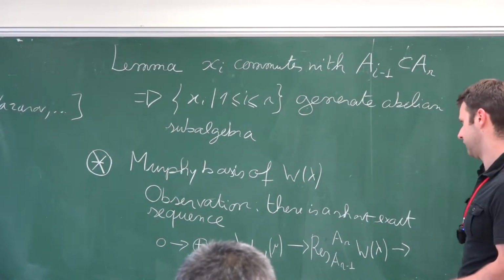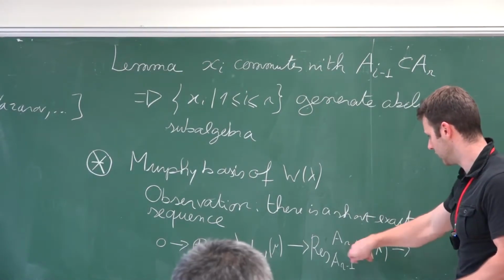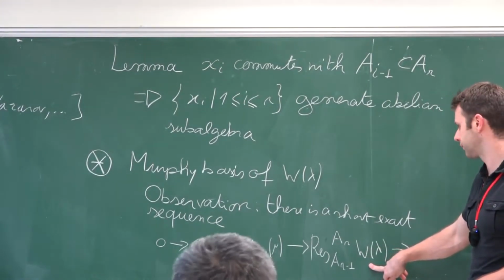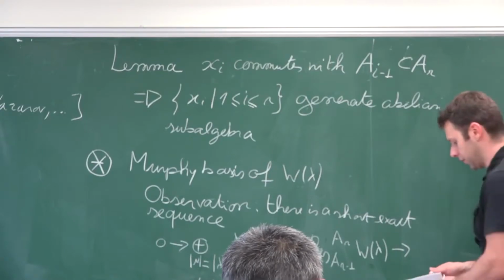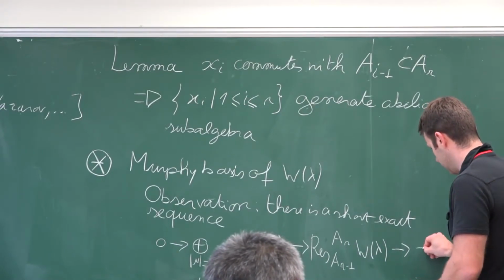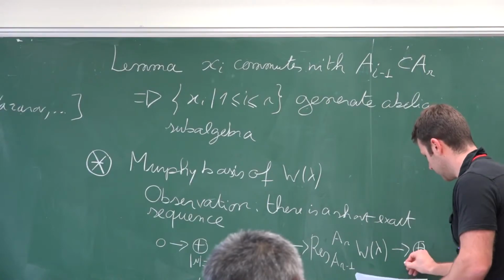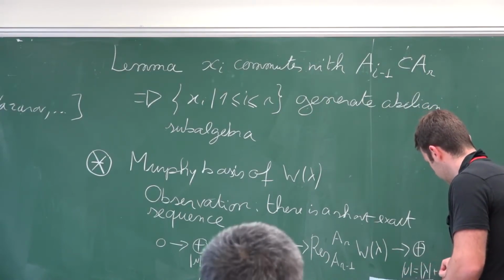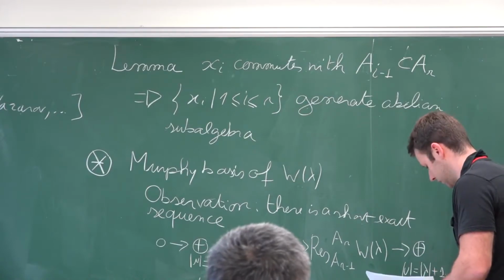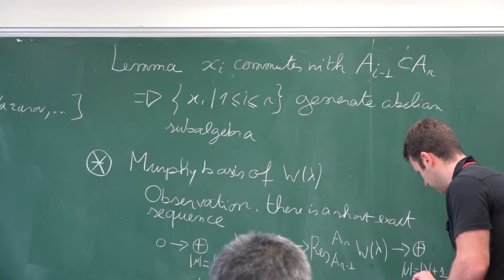So it's a short exact sequence related to this cell module for Ar, which we view as a module over A(r-1). And here we get something similar, but here it's all partitions which are of size 1 bigger than lambda and which contain lambda.